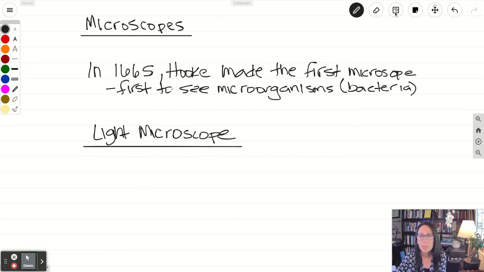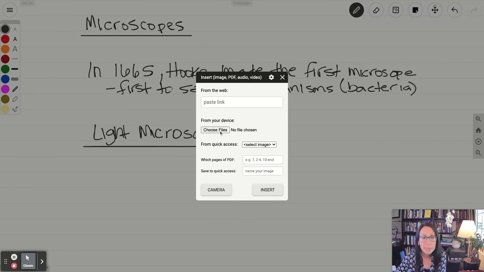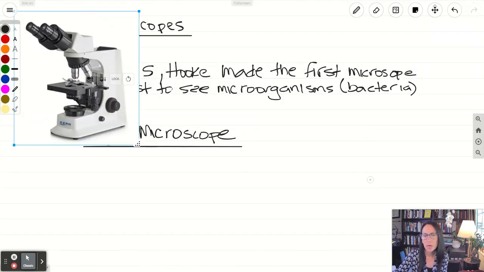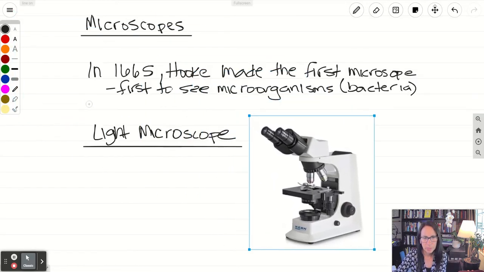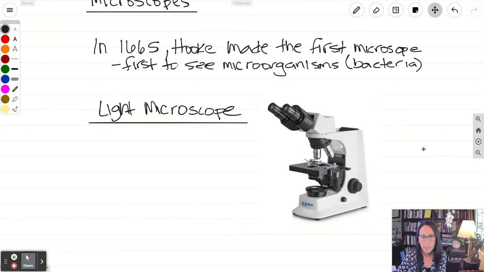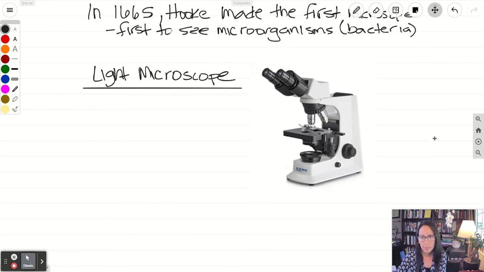And so this is the microscope that we will use in lab. And sometimes it's called a compound light microscope. Okay, so here's a picture. And it's called a compound light microscope because there are multiple lenses that reflect the light.